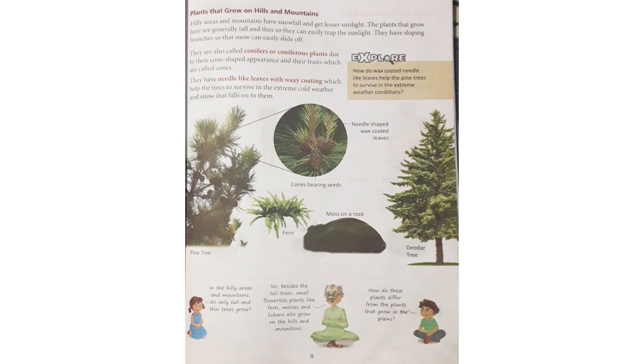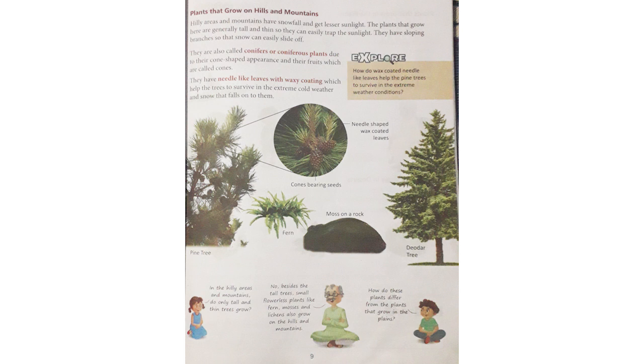Plants that grow on hills and mountains. Hilly areas and mountains have snowfall, as we all know, and therefore that area gets lesser sunlight. The plants that grow in hilly areas are generally very tall but thin, so they can easily trap the sunlight.